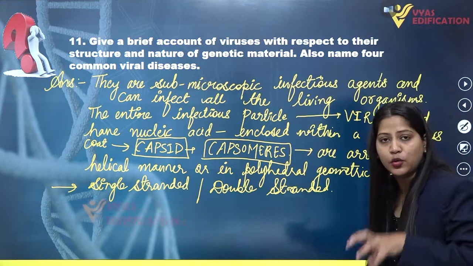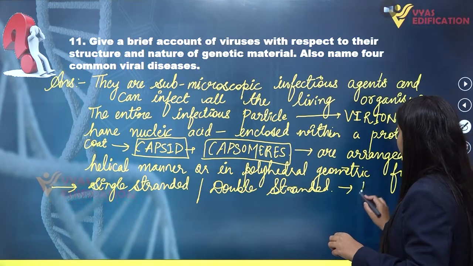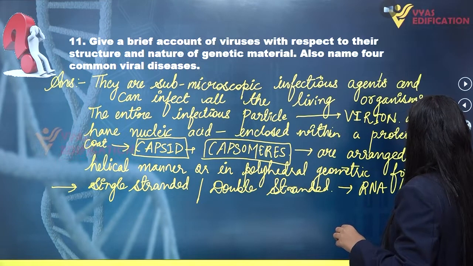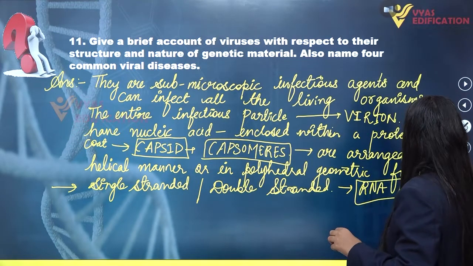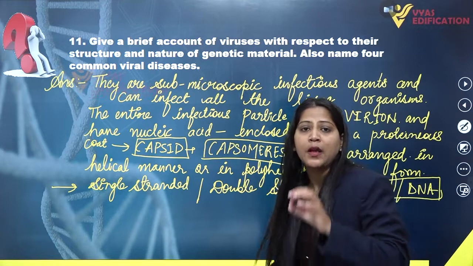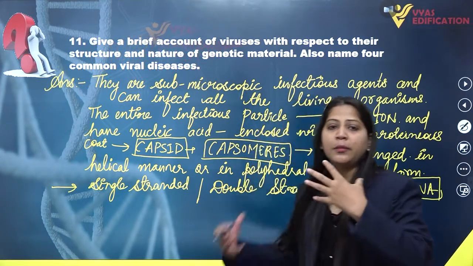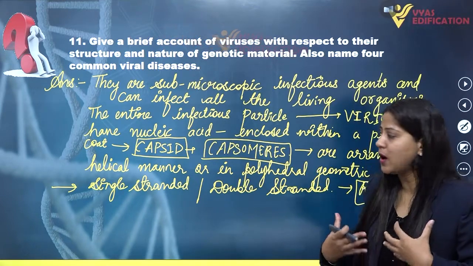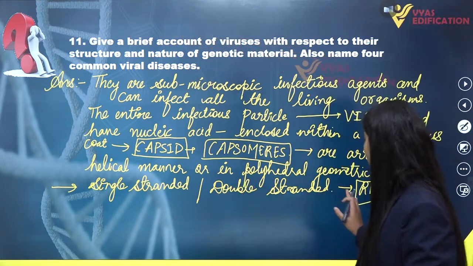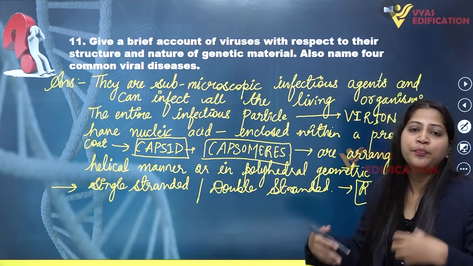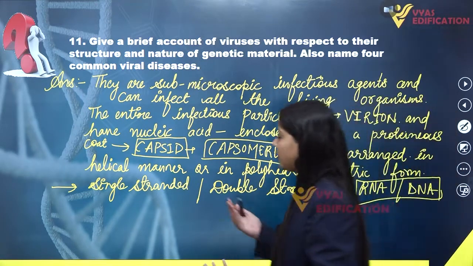And as nucleic acid, they can either have RNA or DNA. So DNA and RNA are the two nucleic acids which can be genetic material in viruses too, similarly to us. So they can have RNA or DNA as their genetic material, which can be single stranded or double stranded depending upon the type of virus.